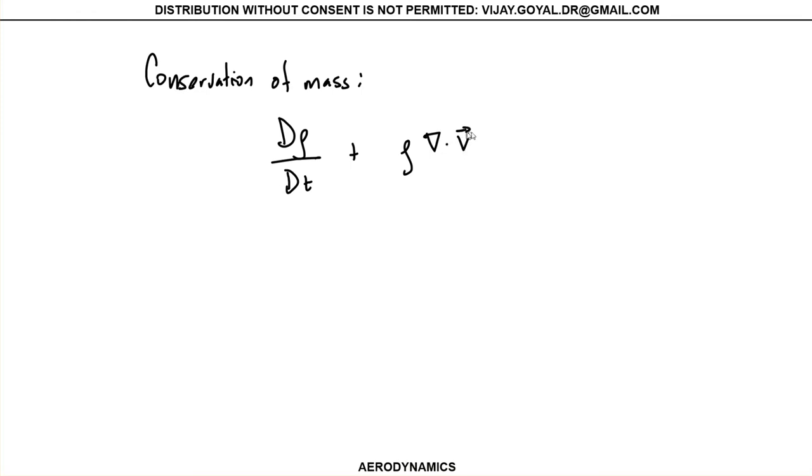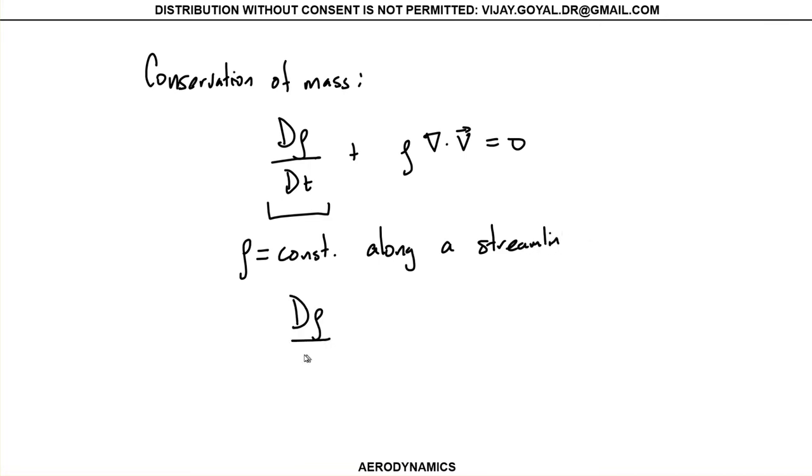Now, if I have the potential, and I am assuming that this is constant along the streamline, then we know that this term is equal to 0, and this is equal to 0. So the only term that's left in this equation is this one.